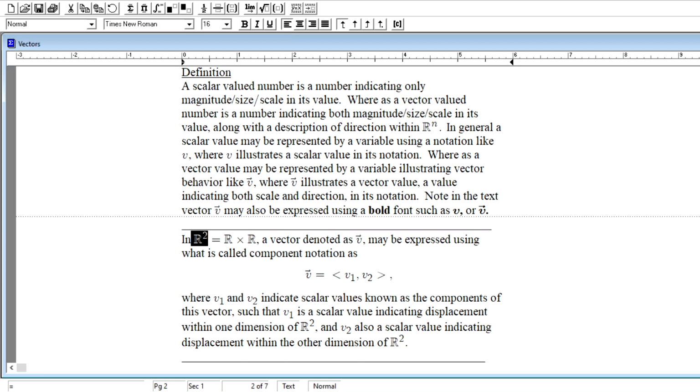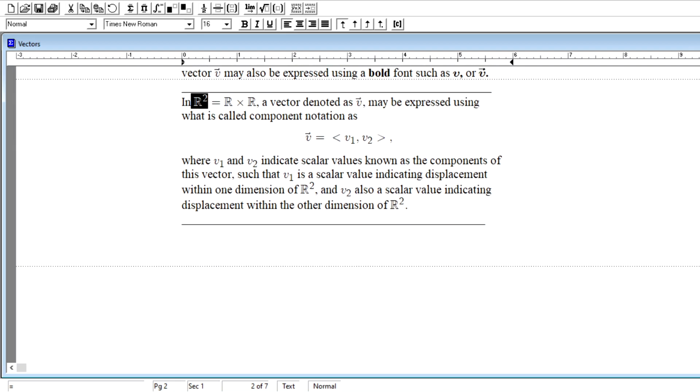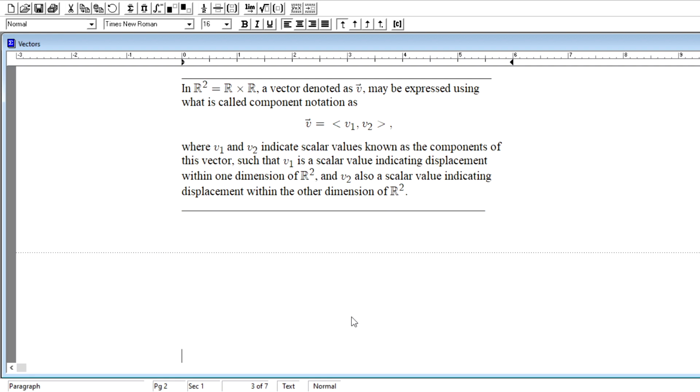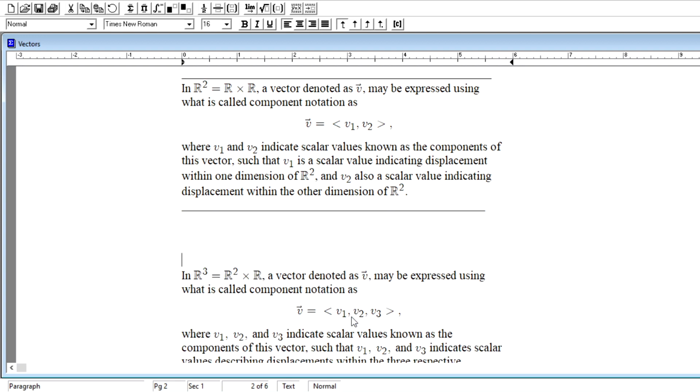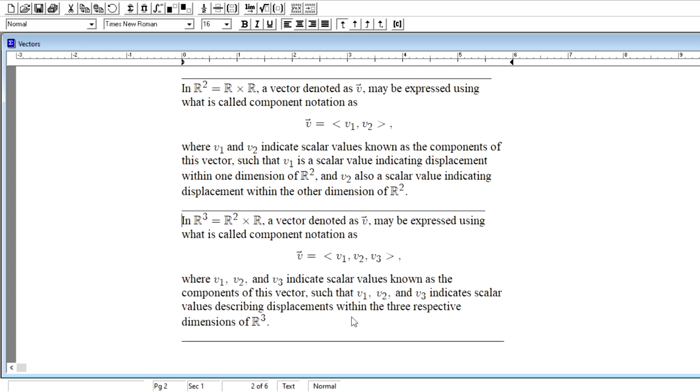If we were to move to 3 dimensions in our notation, we would essentially be crossing two-dimensional space with a third real number line. And if we cross 2 dimensions with another real number space, that will present a 3-dimensional number system, where these 3 number lines all come together at right angles to one another, forming our description of space that describes space by being able to move forwards, backwards, left, right, and now up and down.